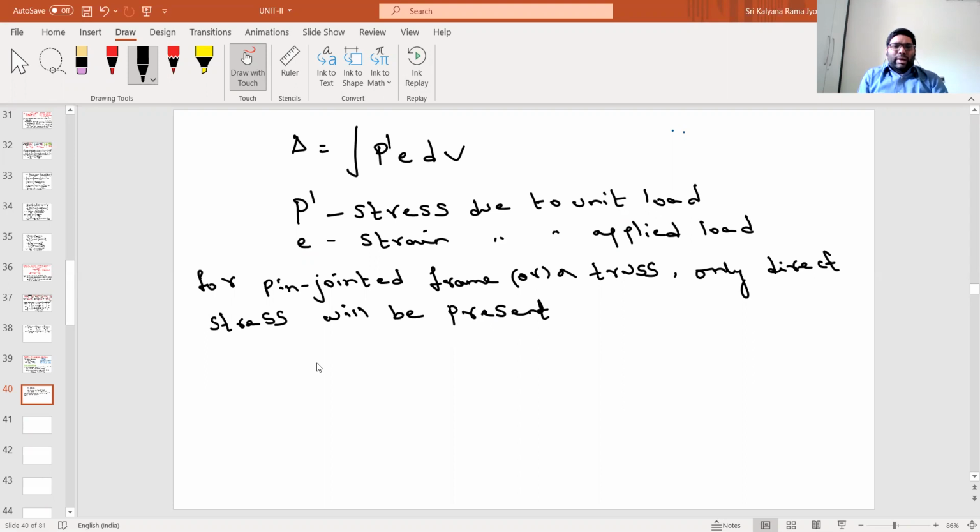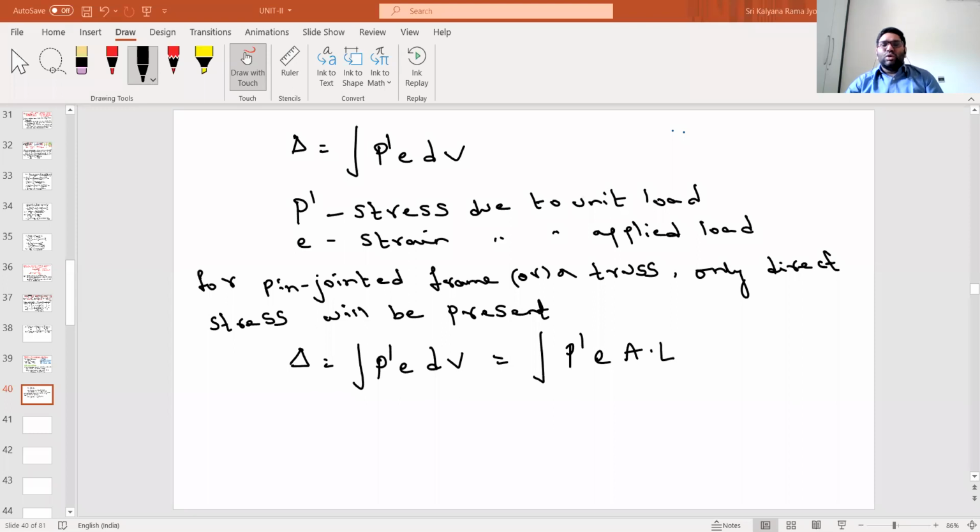So considering that, we can write delta is equal to integral P dash E dV as integral P dash E into A into L, isn't it? A into L. Let capital P dash be the stress due to unit load. Here this is the limit, not integration.